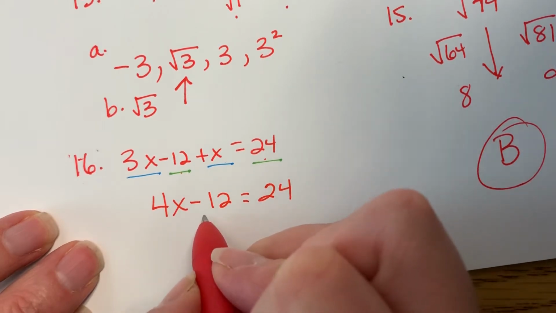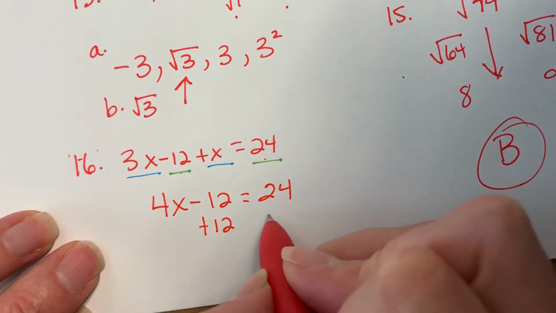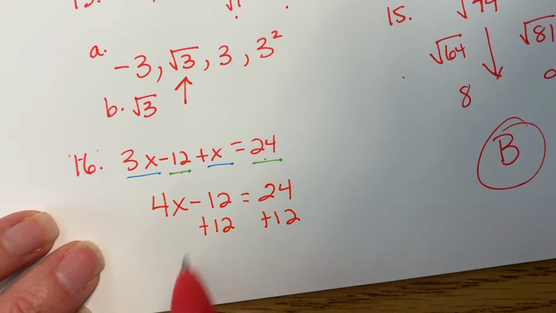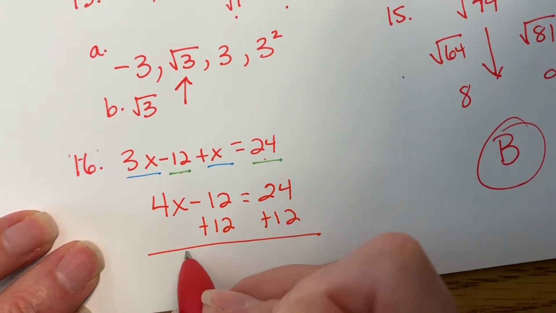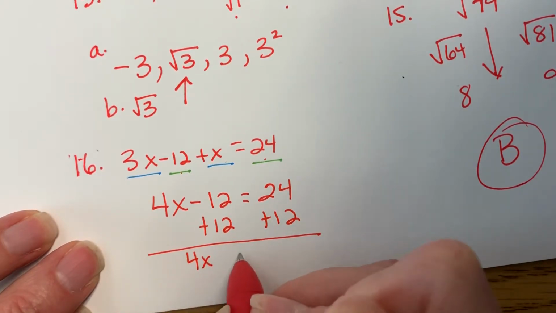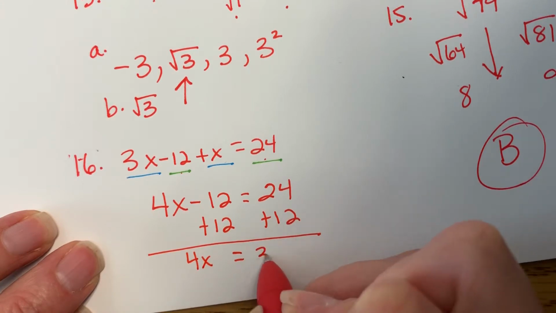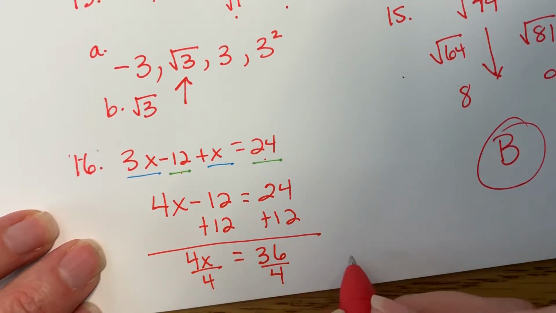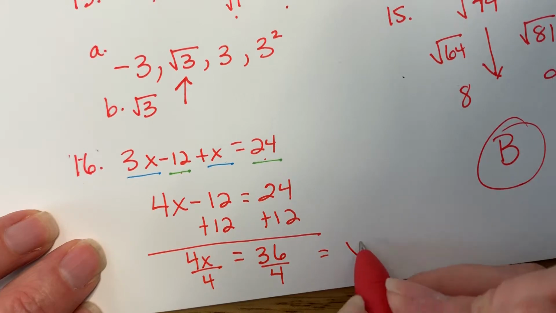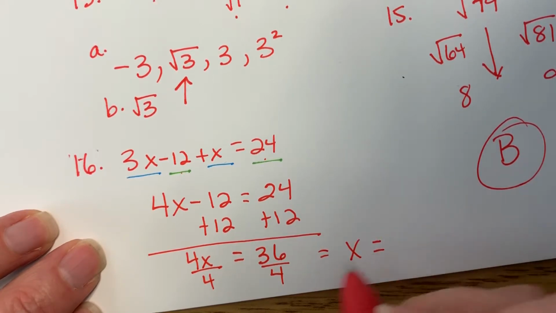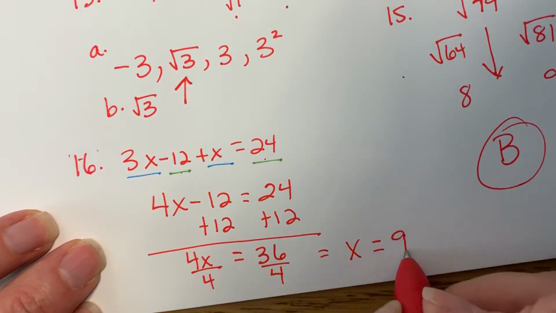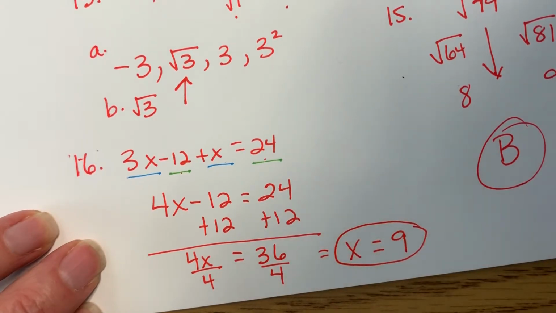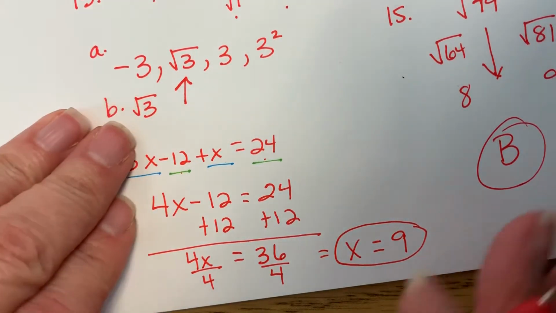I'm going to use an inverse operation and add 12 to both sides. So when I do that, I end up with 4x equals 36. Now I'm going to divide both sides by 4, and I will get x equals 36 divided by 4 is 9. And that's my answer for number 16.